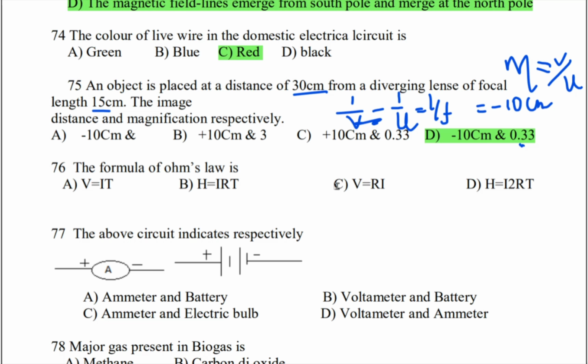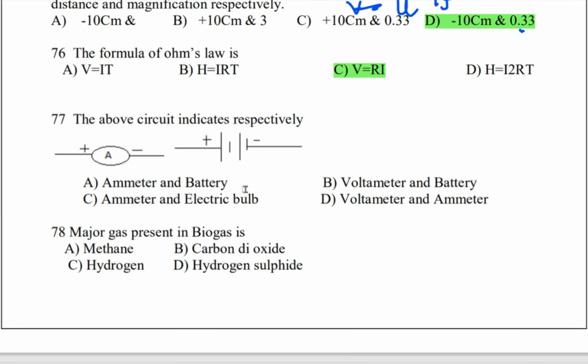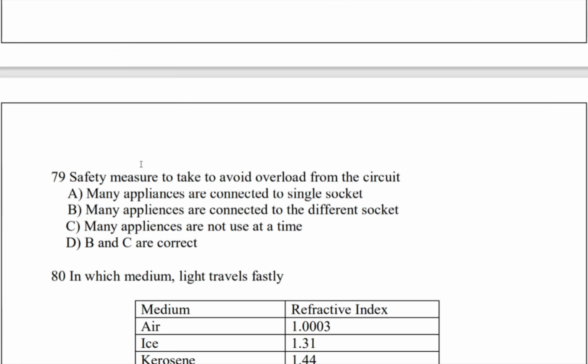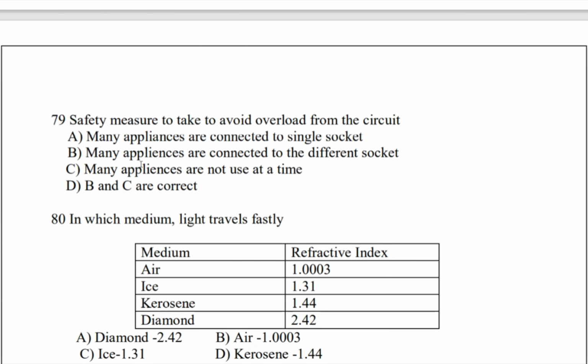Next question. The formula of Ohm's law is V equals I into R. Therefore, the correct answer is option C. Very simple question. The above circuit respectively indicates ammeter and battery. Therefore, the correct answer is option A. Question 78. The major gas present in biogas is methane.